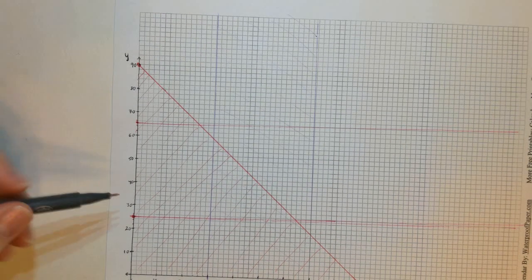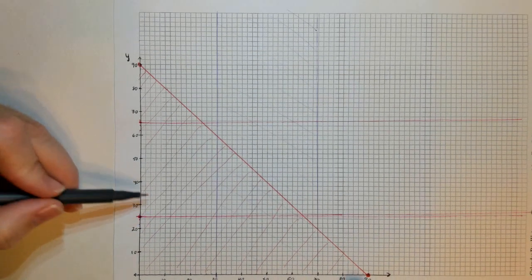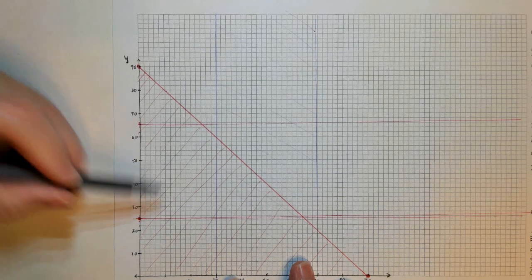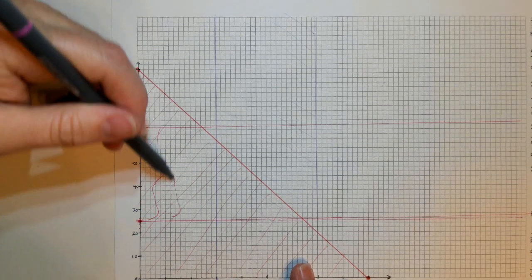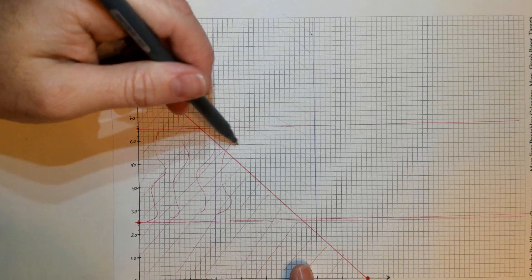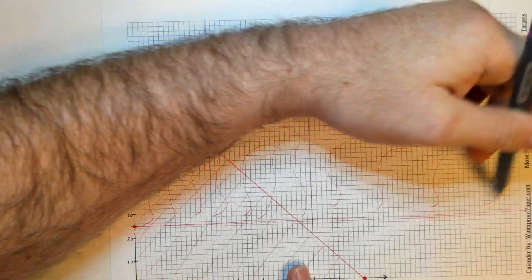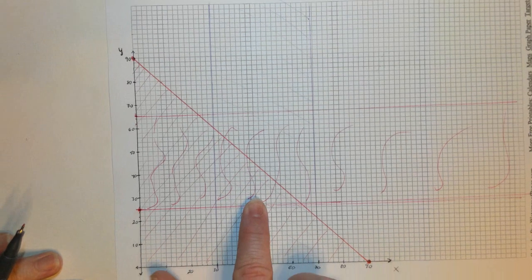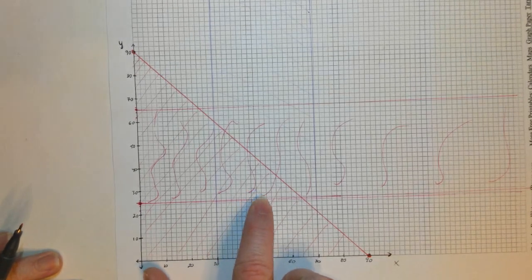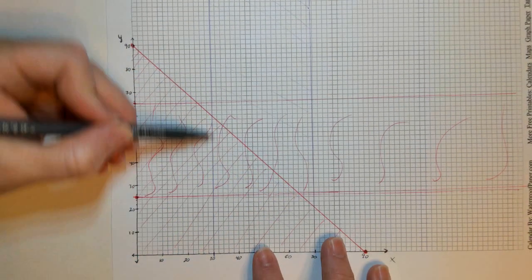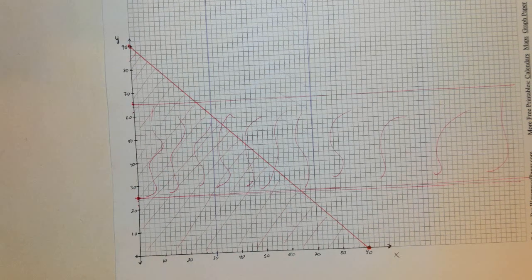And I could shade between those. I guess I'll use a squiggly line. So far, we are in between this little triangle. Okay. What's next?